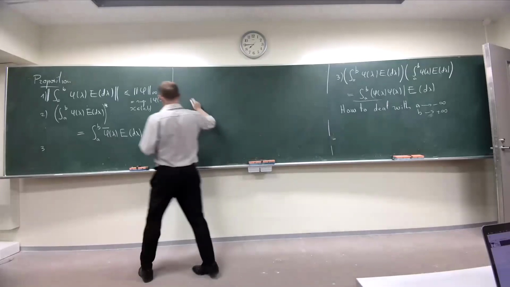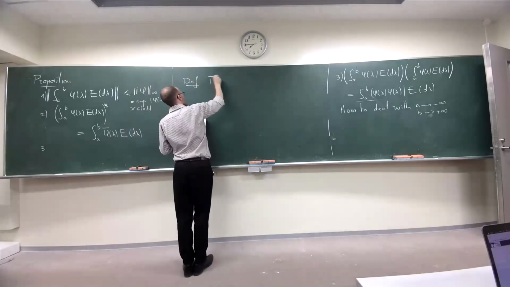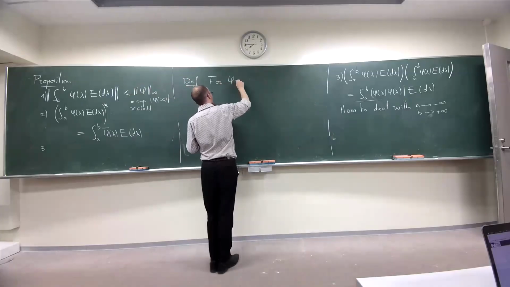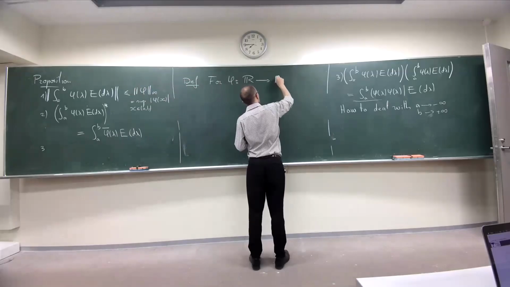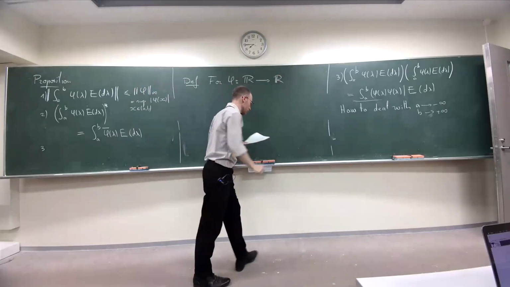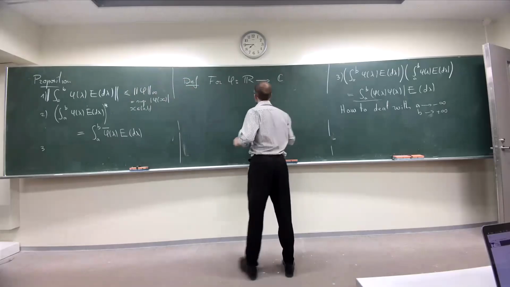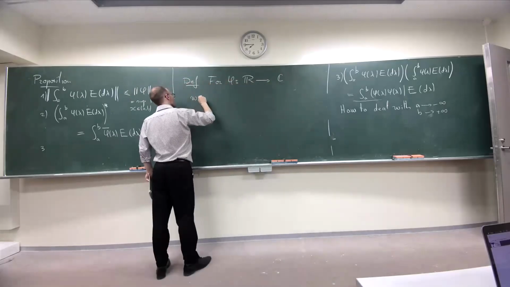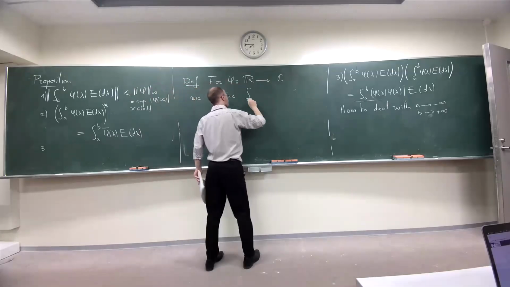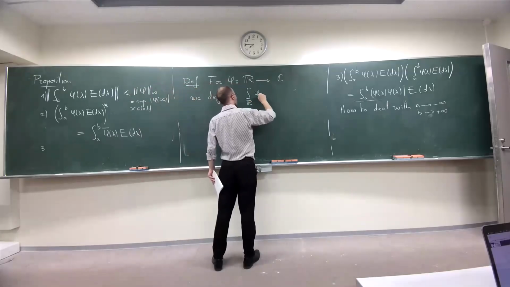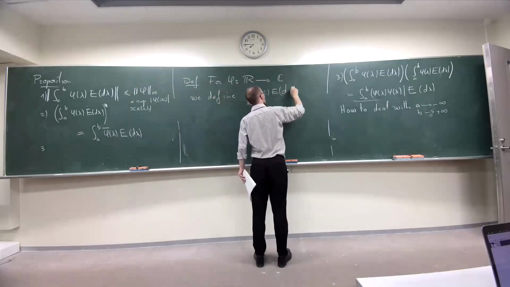So let me give a definition. For any phi from R to C, I can start with C, we define the integral on R of phi of lambda, E d lambda.